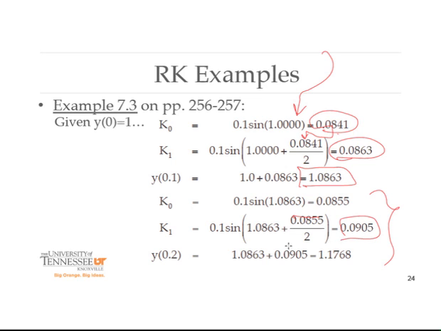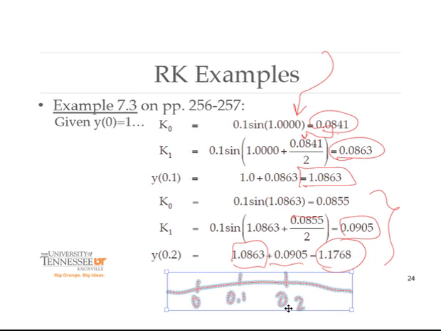Keep in mind we started off at x equals 0, took a step to 0.1, and now we're up to 0.2. So this is the value we had for y of 0.1. We add our increment, and then this is our new estimate. So it's fairly straightforward to do that iteration.